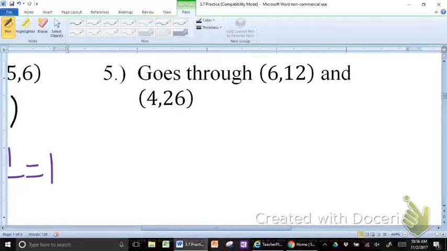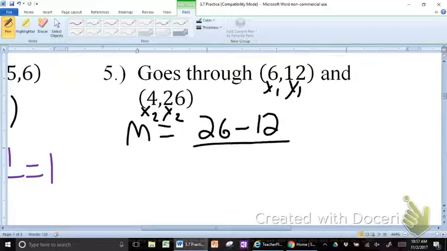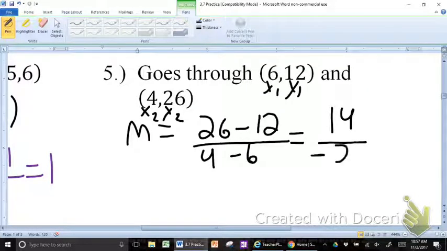And then number 5, I have to do slope again. So let's say this is x2, y2, and this is x1, y1. I'll actually make that look like a y. All right, so I'm going to do 26 minus 12 over 4 minus 6. 26 minus 12 is 14. 4 minus 6 is negative 2. But I must simplify.